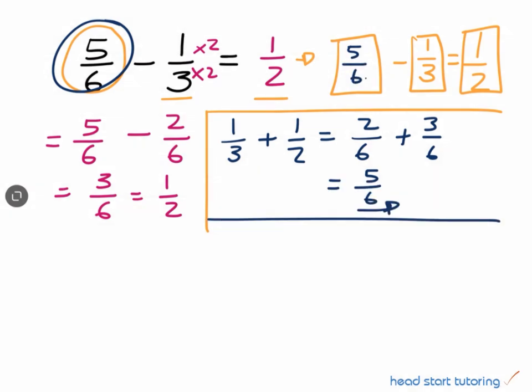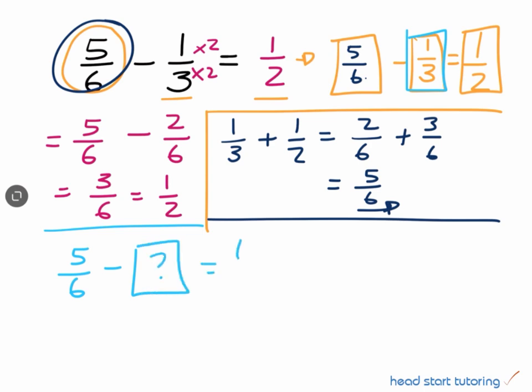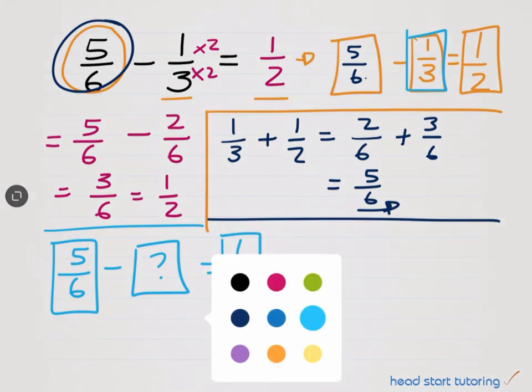Now, if they gave us a different blank, so if this 1/3 was blank, so we've got 5/6 minus what will give us an answer of a half. Then you take your 5/6 and you minus a half. You don't add a half, you minus a half.